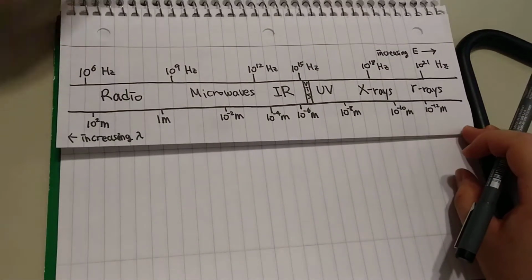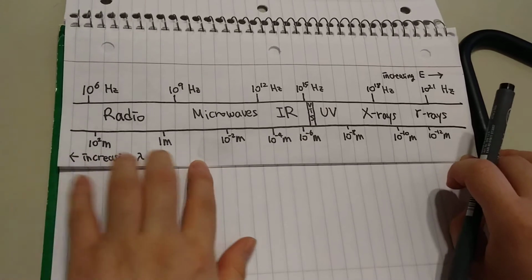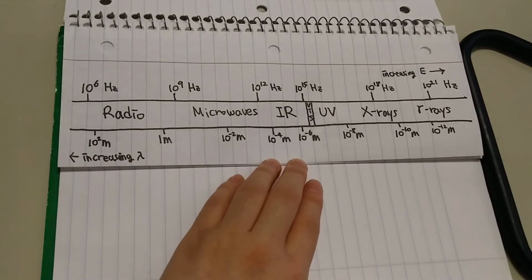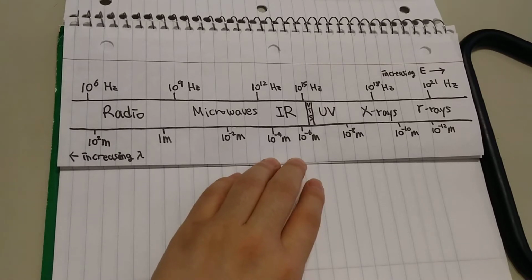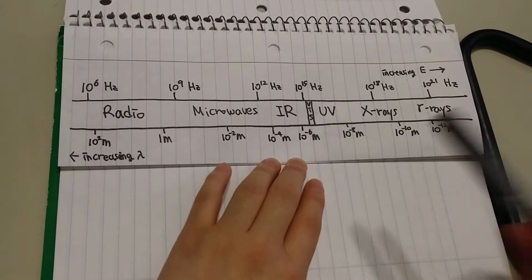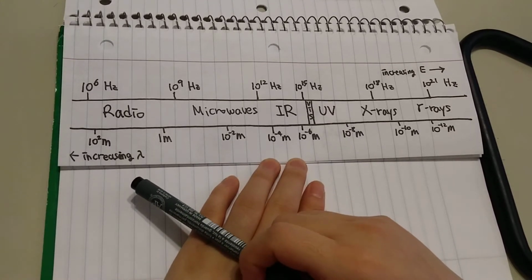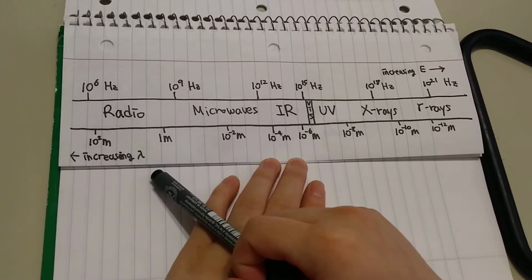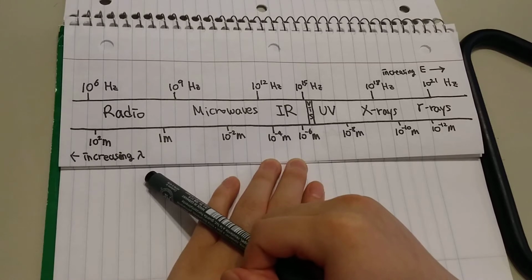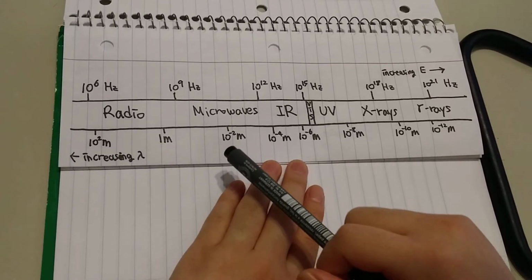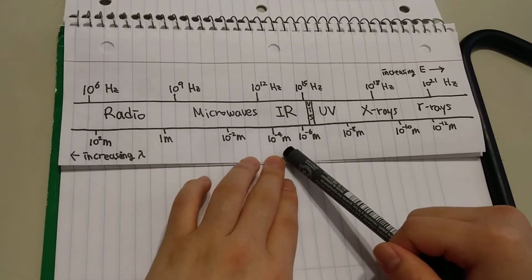So now we know basic terms of waves, so let's talk about the spectral ranges of electromagnetic radiation with respect to wavelength and frequency. From 10^-6 to 10^-3 meter is radio wave, and around millimeter is microwave, and around micrometer will be IR.